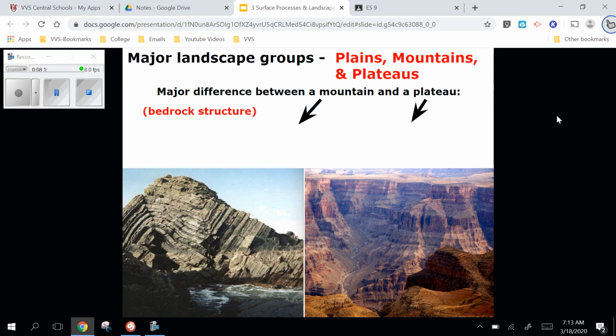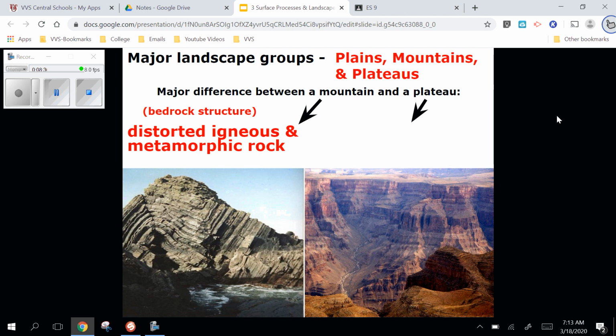The major difference between a mountain and a plateau is bedrock structure. The way we get a mountain is through uplifting processes, collisions of continents causing the ground to warp upward and bend and twist.